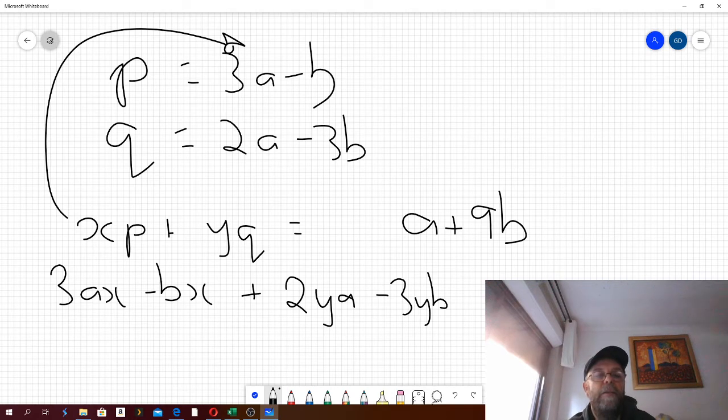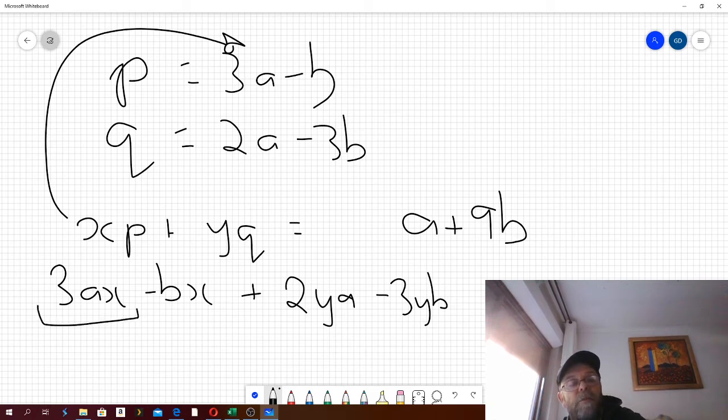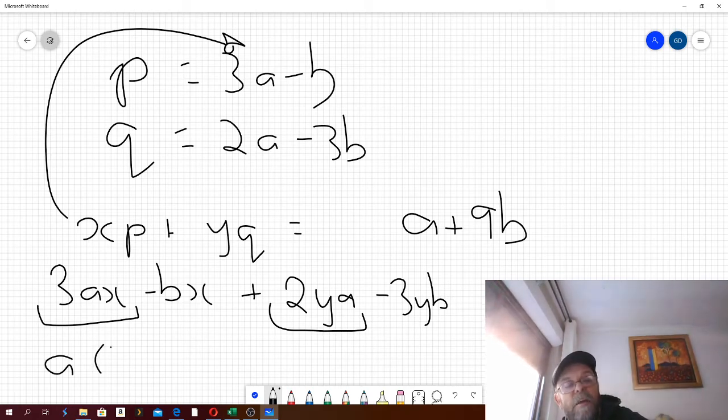That would be Q times the y value. Now which parts have a in them? We can see that one has an a and that one has an a. So let's factorize that a out. That would give us a times 3x plus 2y.